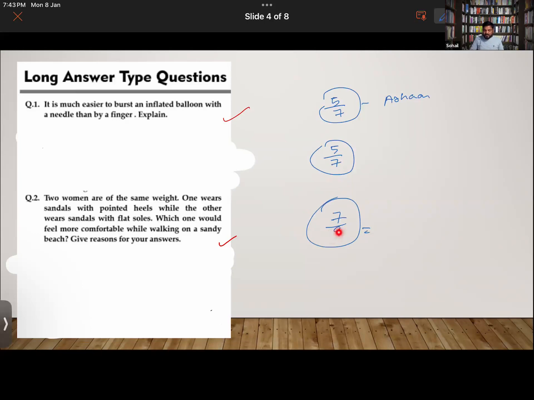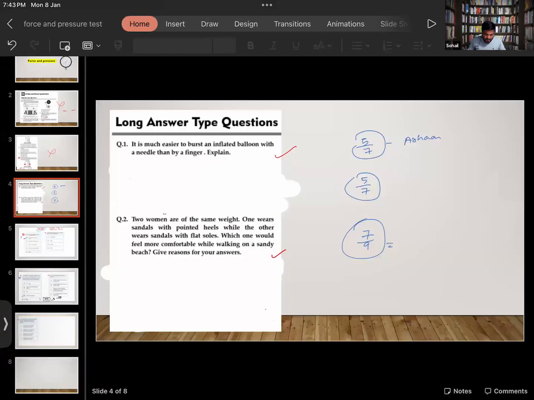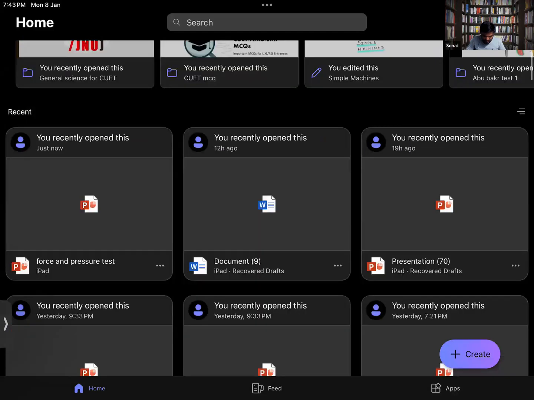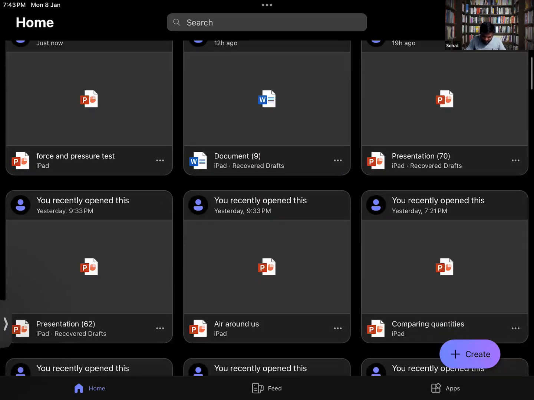You might think why I'm giving 7 out of 9, because mistakenly Ahmed attempted a different paper. And Arhan, make sure you attempt the papers from the next time. Even if the test has been conducted, even after the class, you are required to attempt it.